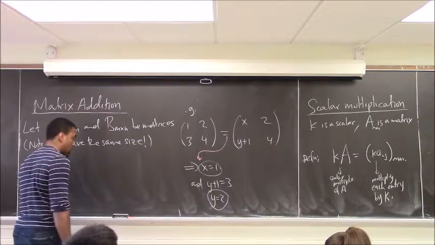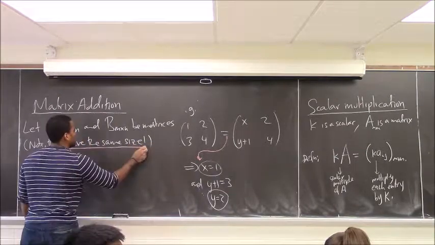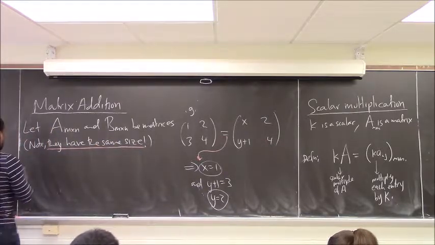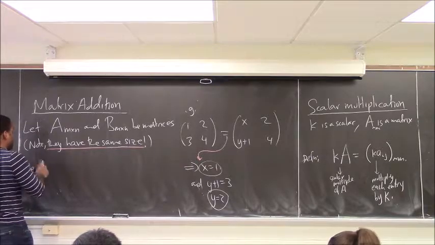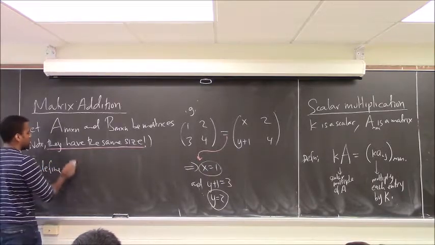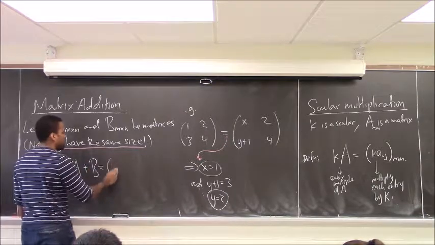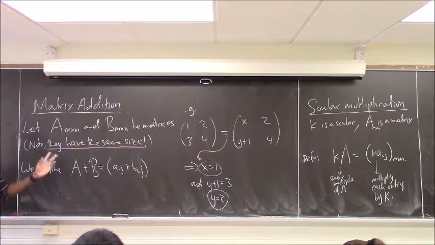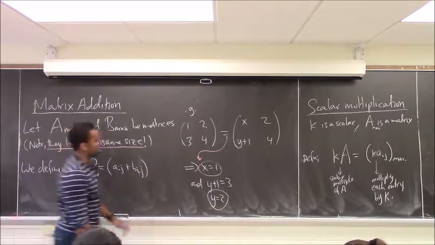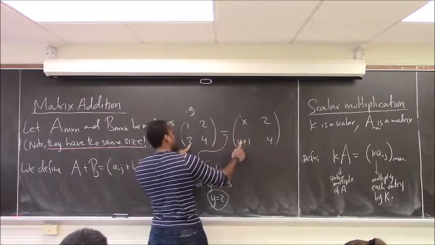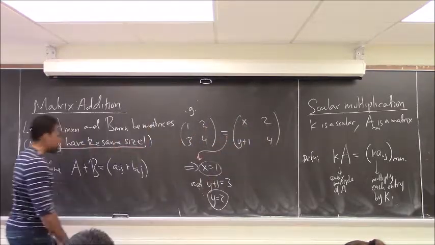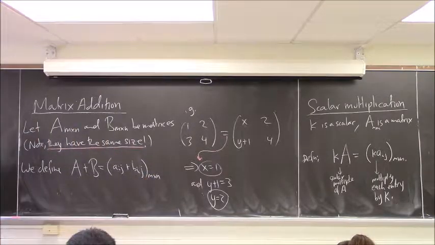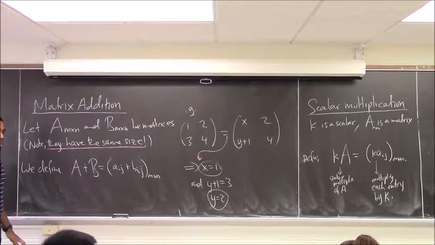This will only work if they have the same size. So we define the addition of these two matrices, A plus B, by, again, adding corresponding entries. You just add the guys who line up. So if I'm adding these two, I would add this with this, that with that, and write a new matrix. And the result will also be m by n.